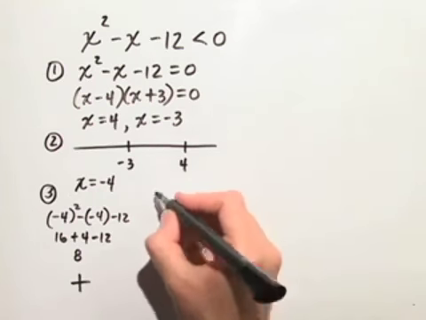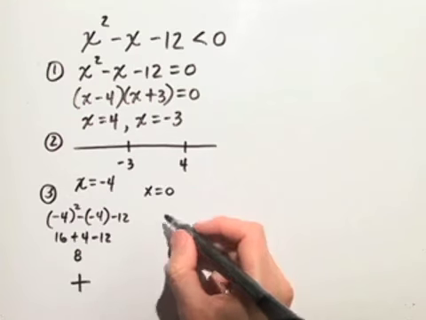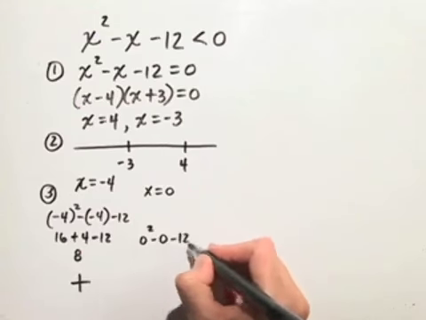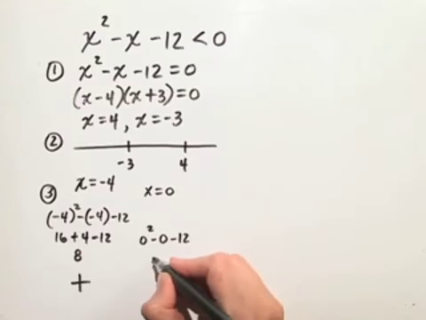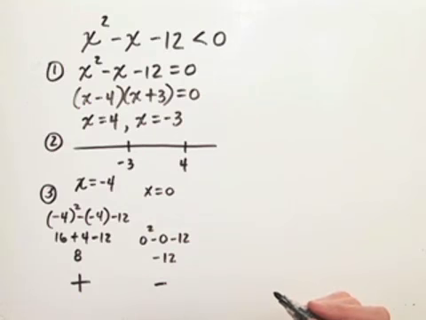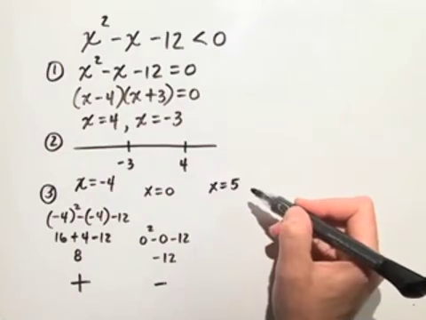Let's choose a value between negative 3 and 4. Let's let x equal 0 and find the function value. We'd get 0 squared minus 0 minus 12. This would give us a value negative 12, which is clearly a negative number. And let's choose a value to the right of 4. Say x equals 5.